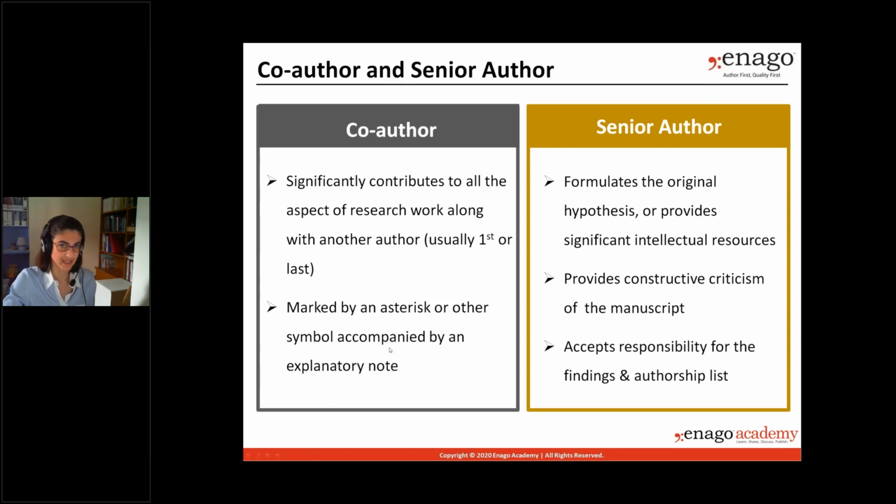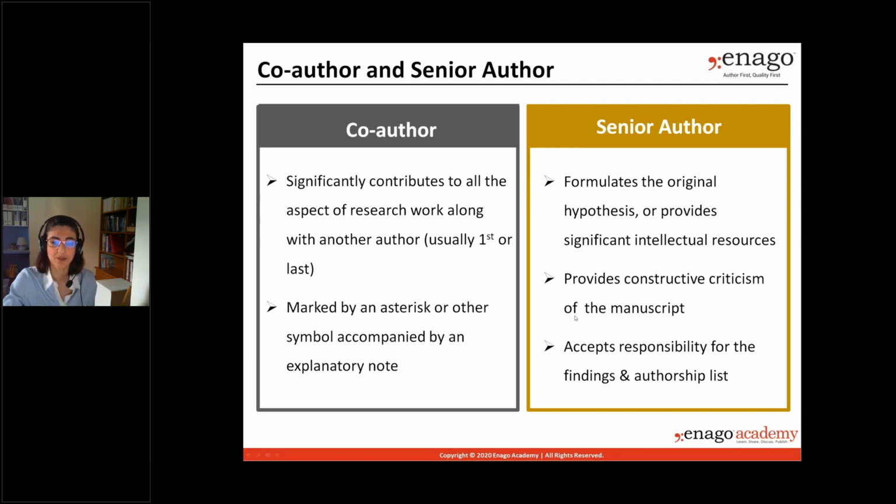This again is indicated by an asterisk and a clarification as to the nature of the contribution, if they're co-first, co-middle, co-last author.